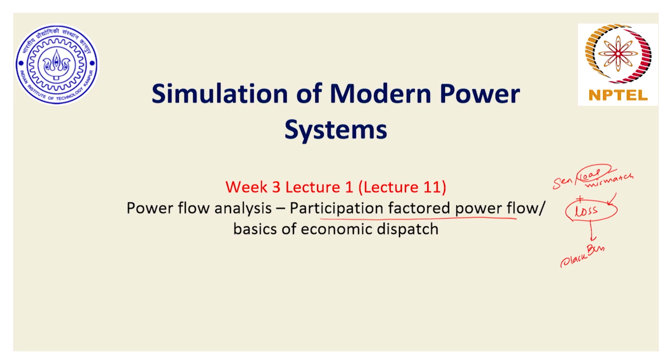So this discussion today will start with a brief discussion on economic dispatch, and then I will tailor the discussion toward what this participation factored power flow is. To give you a heads up, in participation factored power flow, we will have more than one bus acting as the effective system slack bus.